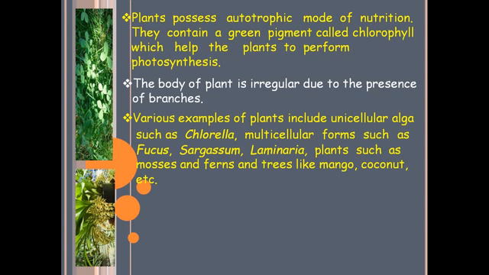And trees, it could be mango, coconut, banyan, anything. So it could be unicellular like chlorella, that is an alga, multicellular like fucus, sargassum and laminaria, and small plants like mosses and ferns, and trees like mango and coconut.